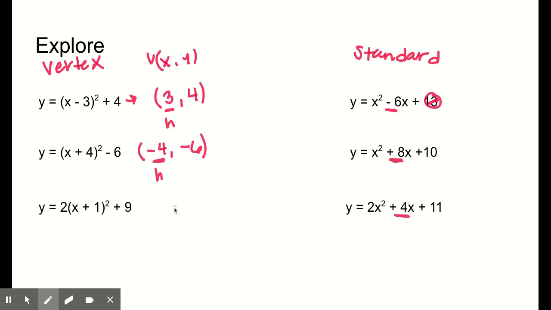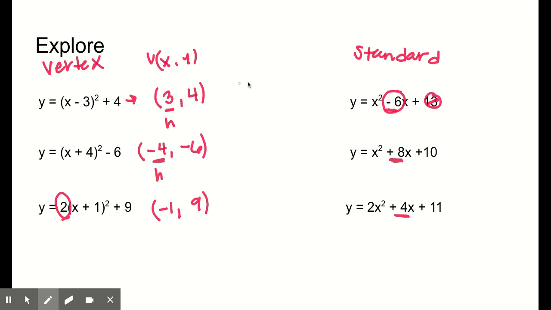Our b value is 4, and over here, our vertex is -1, +9. So 4 is not twice -1, but notice that we also have an a value here, so that changes things up a little bit. What I want to show you is that there is a relationship between this b value and the h or x value from your vertex.